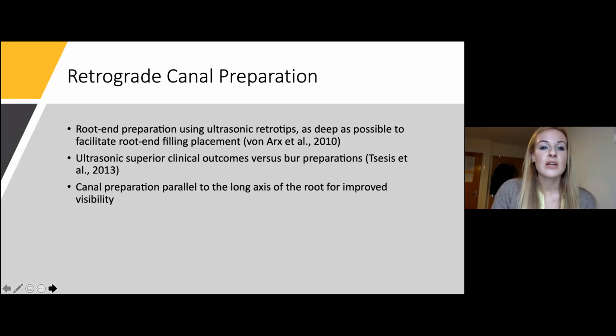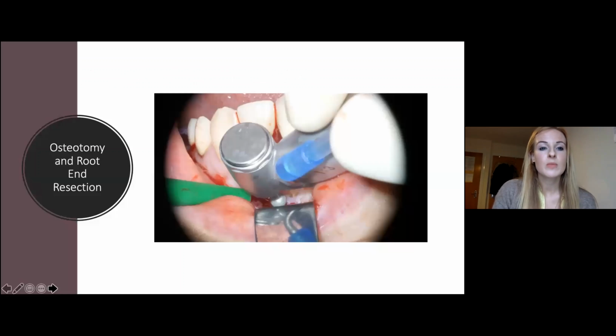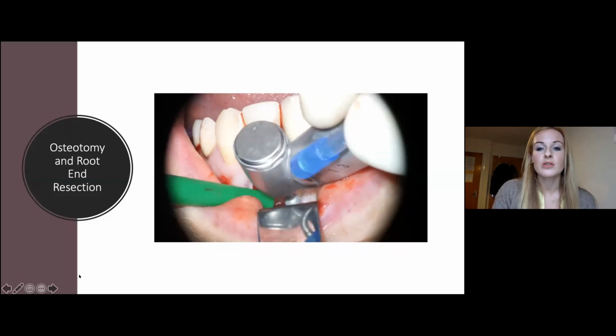So the root end filling should be prepared with ultrasonic retro tips, as advocated by von Arx et al., and also looking at use of ultrasonic instruments in preparation compared to burrs. This is a little video showing an osteotomy and root end resection under microsurgical conditions.